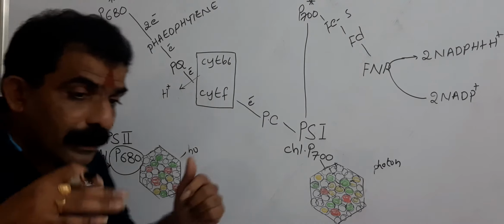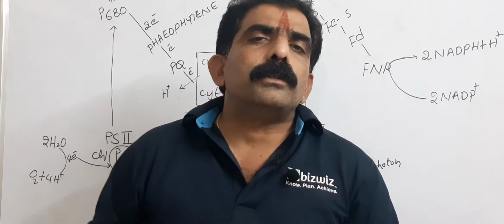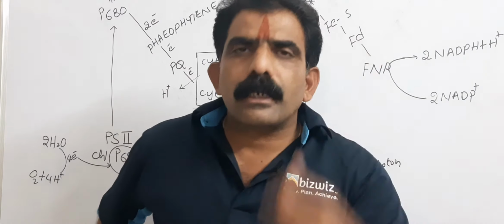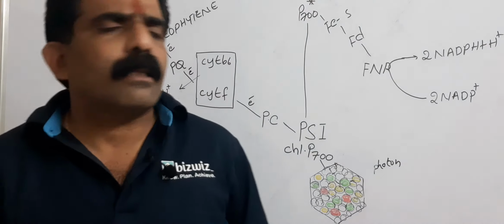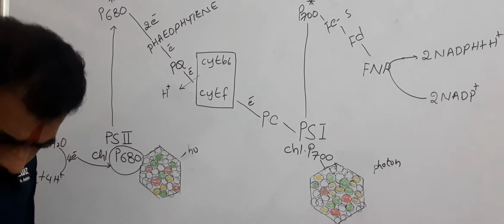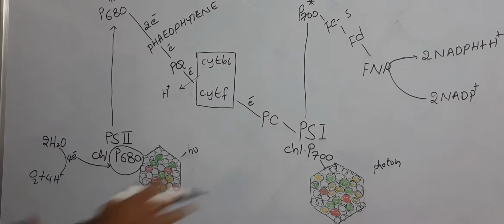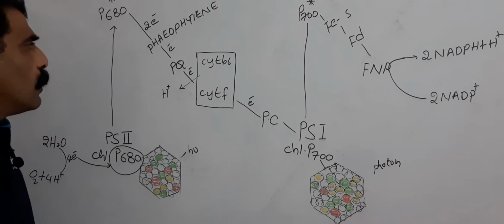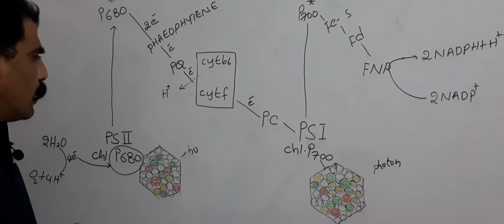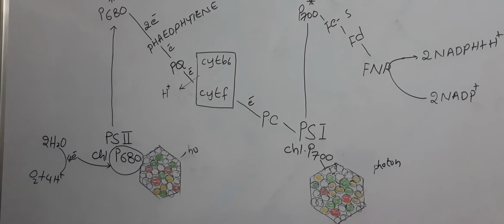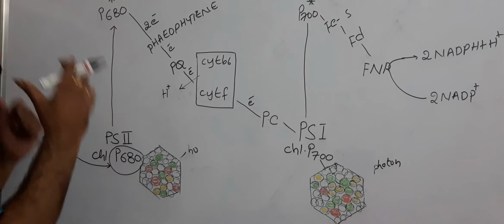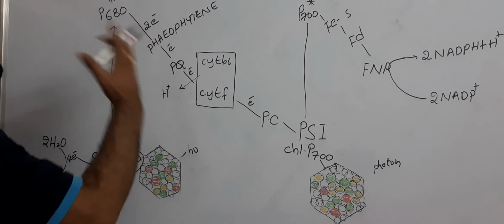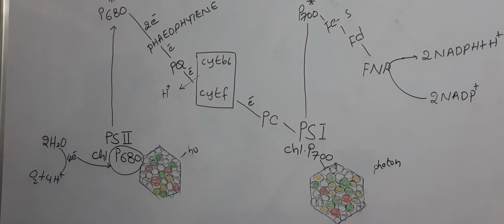That energy is utilized to develop the electrochemical proton gradient, otherwise the proton concentration gradient, between the stroma and the lumen of the thylakoid. Now, the electrons which get excited from the reaction center P680 transfer to the primary acceptor.